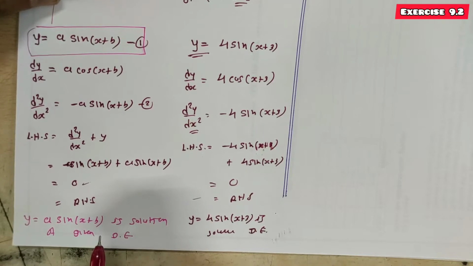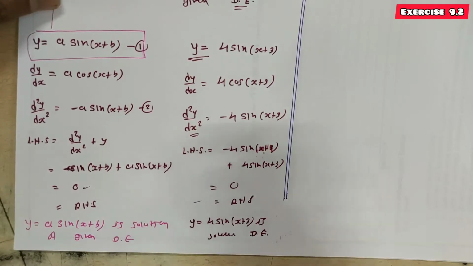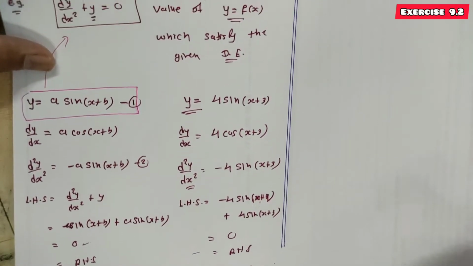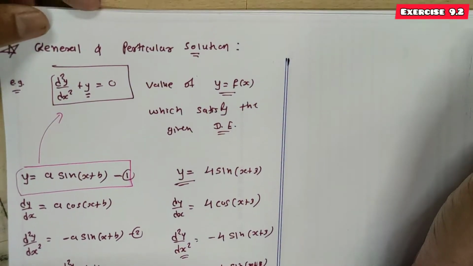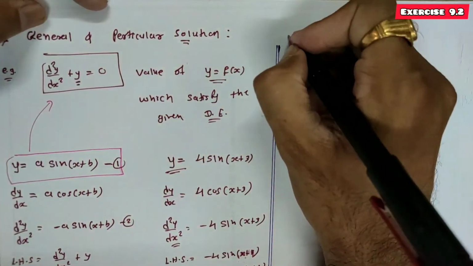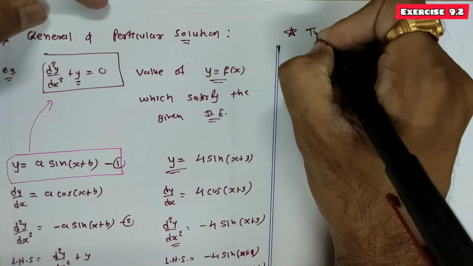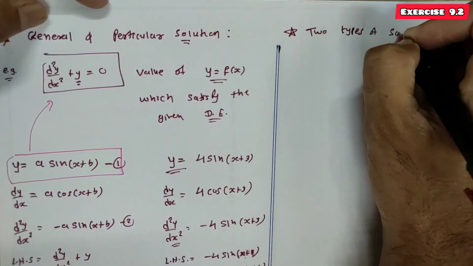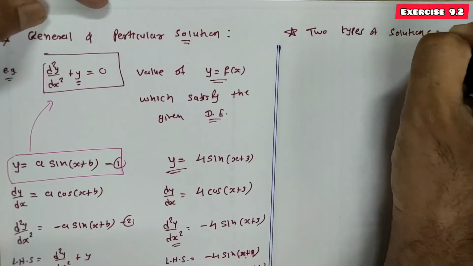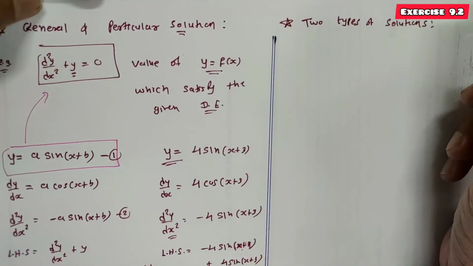For any given differential equation, there are two types of solutions. How many types? Two types of solutions are there for any given differential equation.